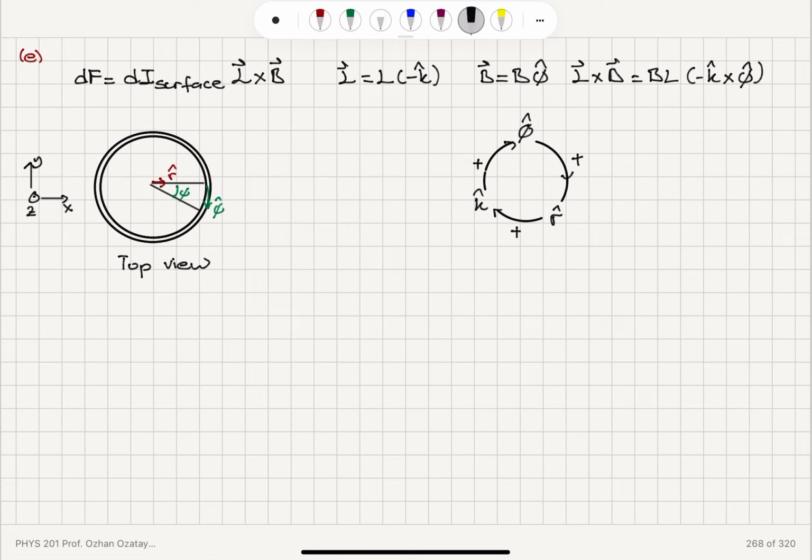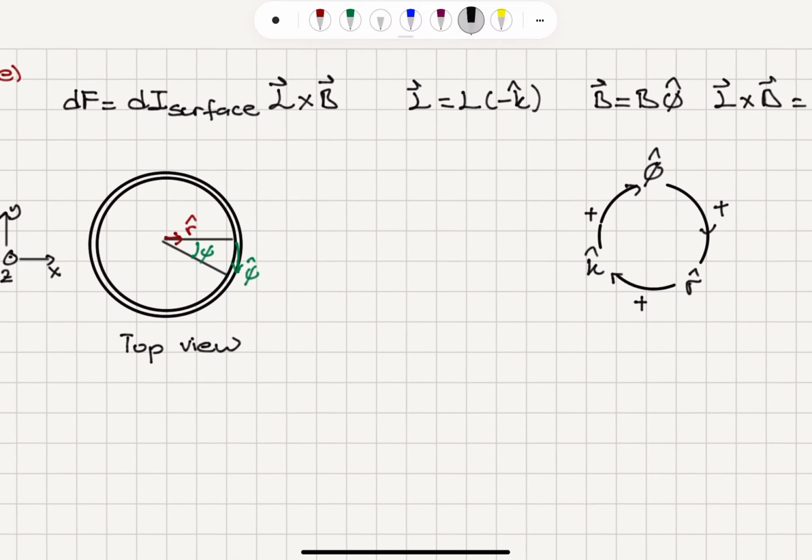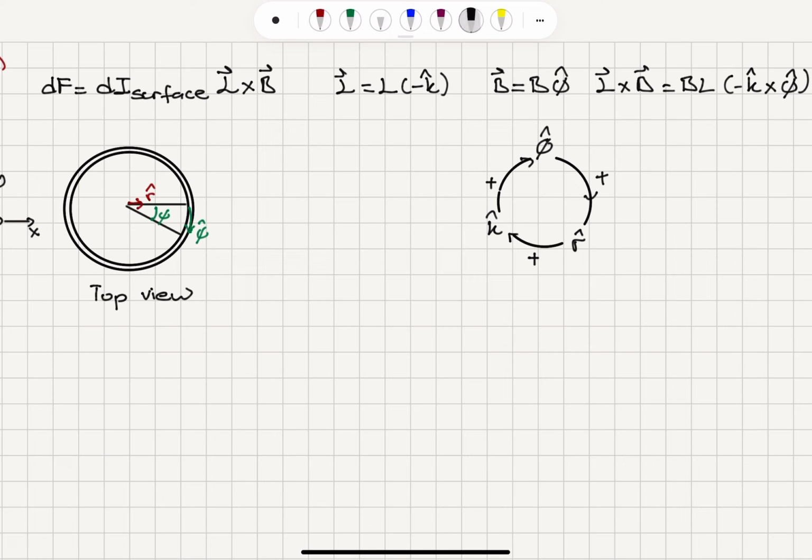Okay, if you look at this top view here, this is my r hat direction, the radially outward unit vector. This is my phi hat direction. Now if I have phi hat cross r hat, your right hand forefingers point down, curl towards r hat, that gives me k hat. So phi hat cross r hat is k hat, or r hat cross phi hat is minus k hat. So from these cyclic permutations, I can see what is going on.